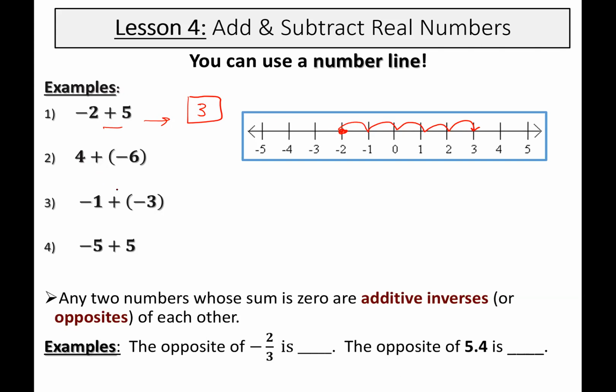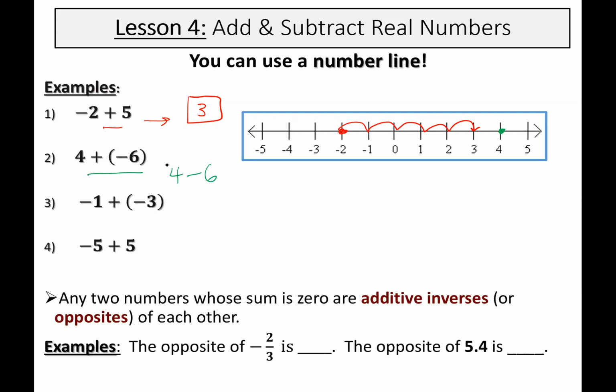All right, let's do the same thing with number 2. I'll use a different color here. 4 plus -6. Now I'll start at 4. But if I'm adding -6, that's really the same thing as subtracting 6. This is the same thing as 4 minus 6. We'll talk about that. So with subtraction, what you'll be told in a little bit is anytime you subtract, you could also approach it with adding the opposite. Okay, so 4 plus -6.